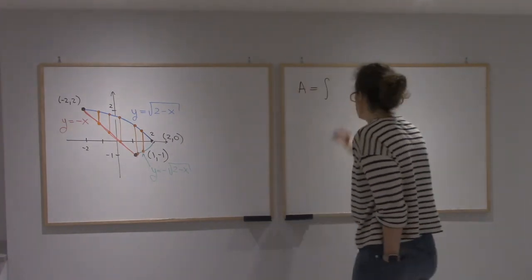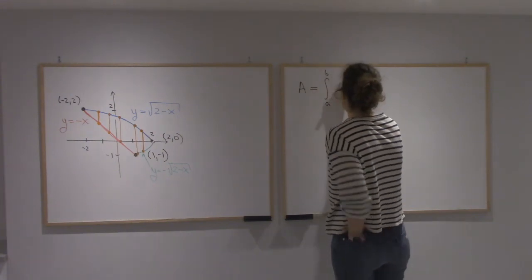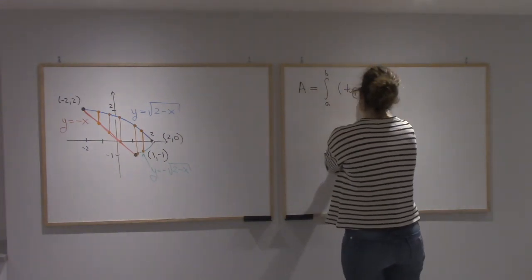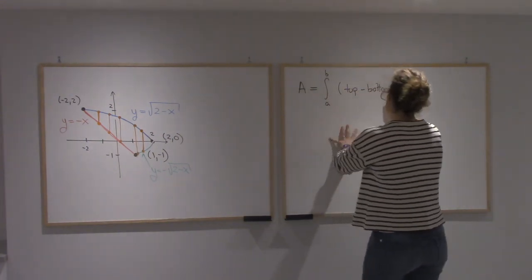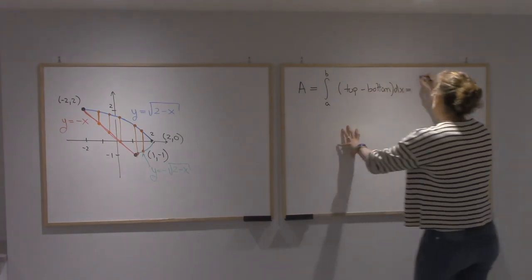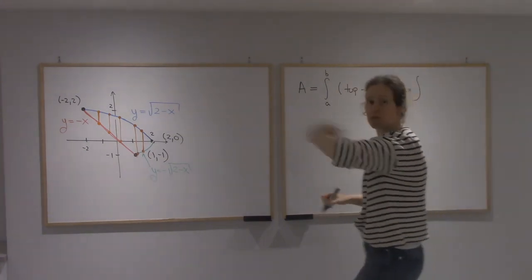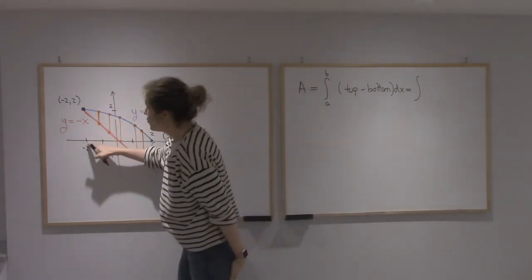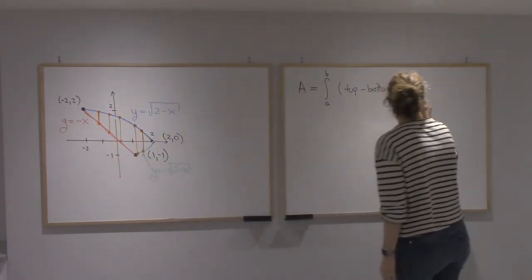Alright, so A to B, top minus bottom. The smallest x is over here at -2.